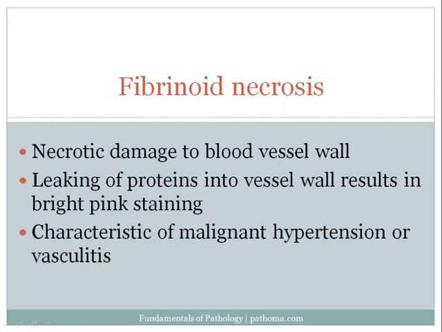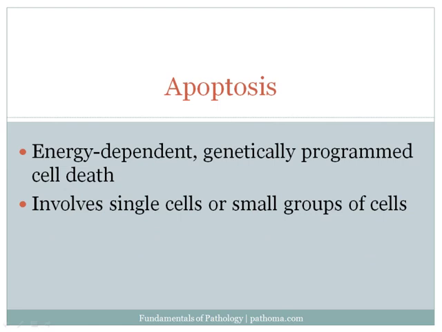Of what organ? Of the placenta. So fibrinoid necrosis of the placental blood vessels is a consequence of preeclampsia. And believe me, that's a very commonly tested principle. Okay, so that really ends our discussion of necrosis.